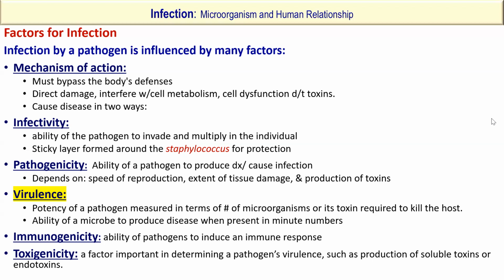Infectivity is the ability of the pathogen to invade and multiply in the cells, tissues, and organs, and result in infection. Pathogenicity is the ability of the pathogen to cause the disease or infection.